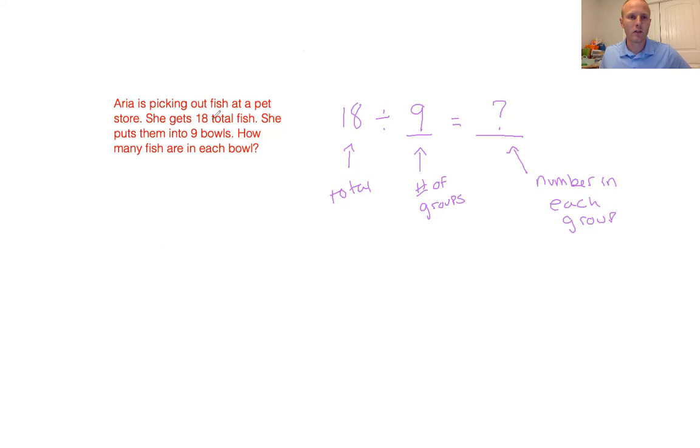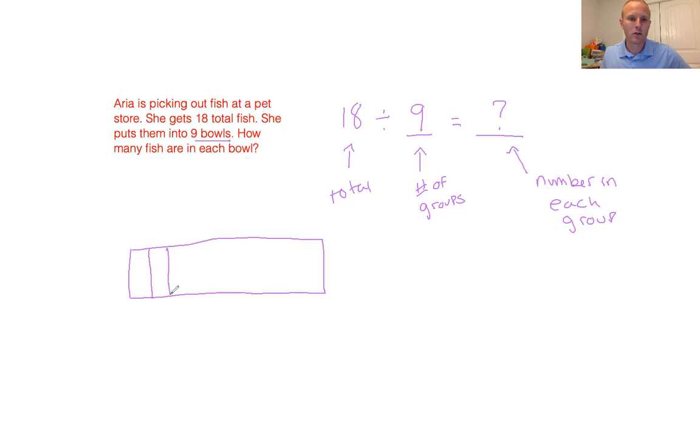So we're going to say that she has 18 total into 9 bowls. I'm going to, again, draw a big rectangle. I know that each unit or each small rectangle in here has to be the same size. So I'm going to make 9 of them because I know that I have 9 groups.